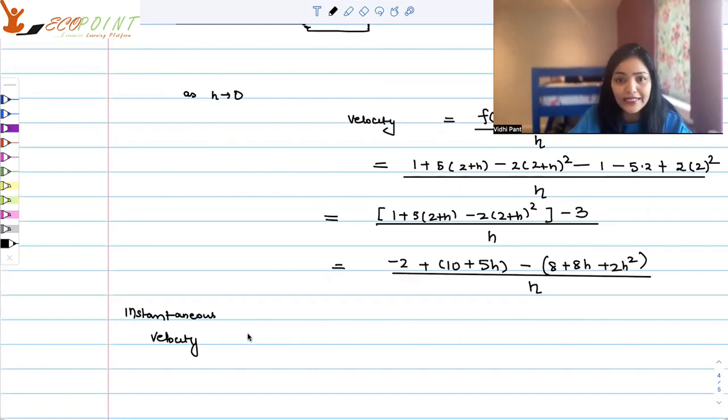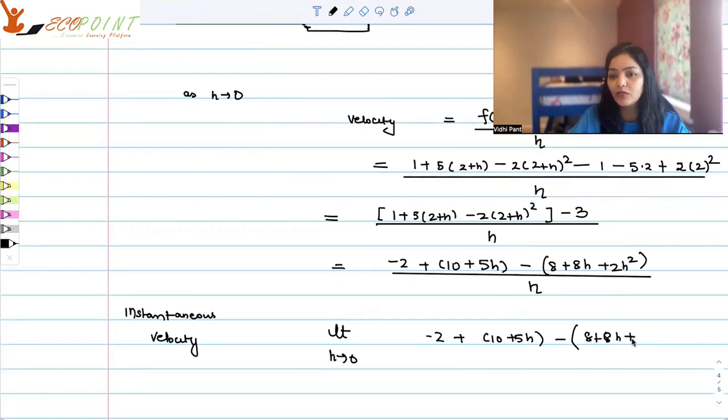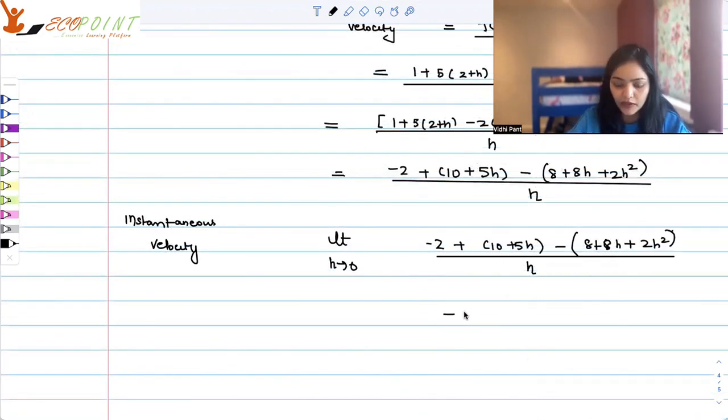Which, if you've understood, is nothing but limit as this h goes to 0 of this expression, that is your change that occurred in the position upon time elapsed, 10 plus 5h minus 8 plus 8h plus 2h square, whole thing upon h. So if you open up your numerator now, you will get minus 3h minus 2h square, divided by h, as limit h goes to 0.